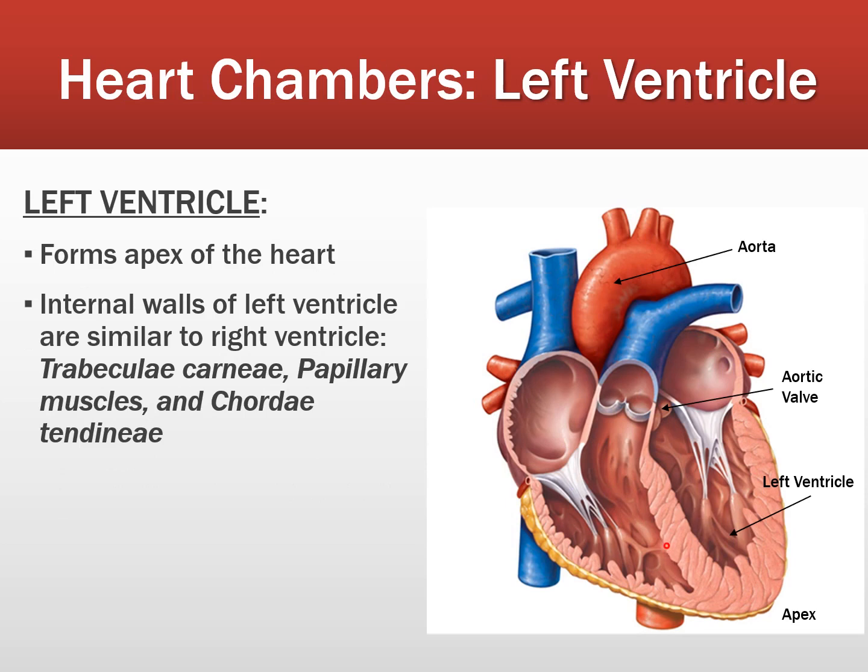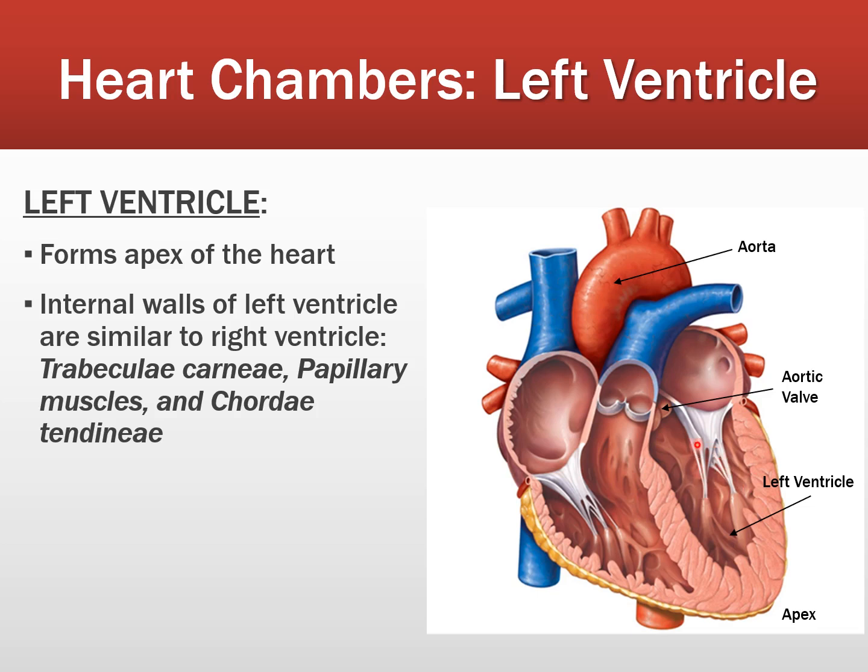So the left ventricle is the big horsepower of the heart. It's the biggest muscular part of the heart. It makes up the majority of the apex of the heart, and it has the same structures as the right side. We see the trabeculae carneae on the wall, the papillary muscles tethering down those flaps, those cusps, with the chordae tendineae.